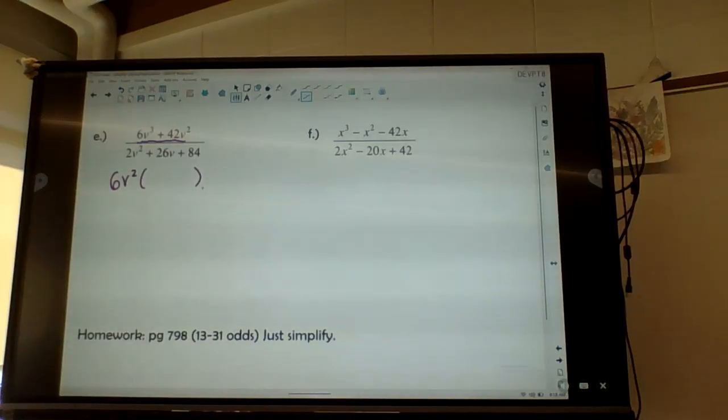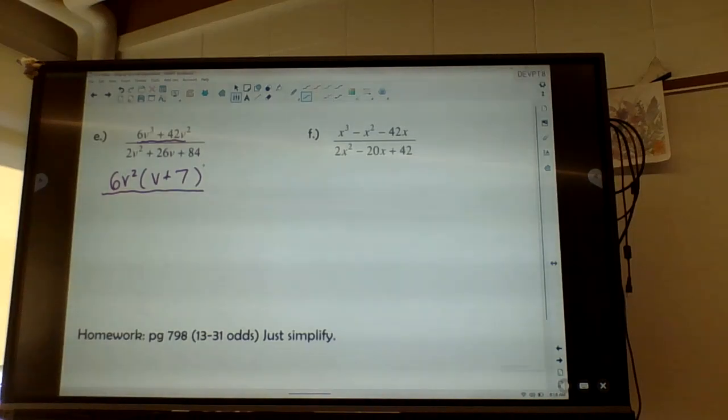It's a common factor. So I'm going to take that out and be left with b plus 7. Now I'm going to tell you guys the bottom also has a GCF. Not a very interesting one, but it has one. If you guys notice, all the bottom numbers can be divided by 2. So I'm going to start there.